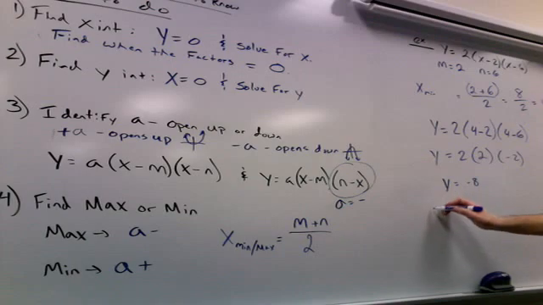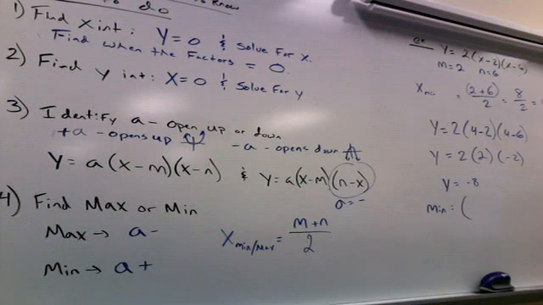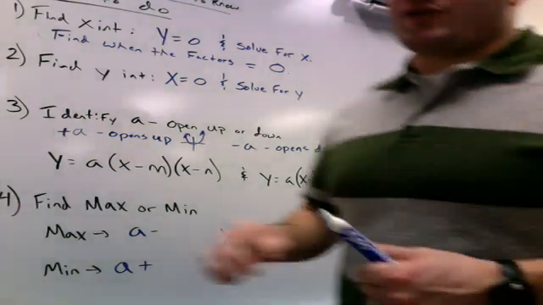So that means our minimum occurs when x is 4, and y is what, John? Negative 8. Our minimum, this point right here. So that means that this point right here is 4, negative 8. That point on our graph, that minimum part on our graph, is 4, negative 8.